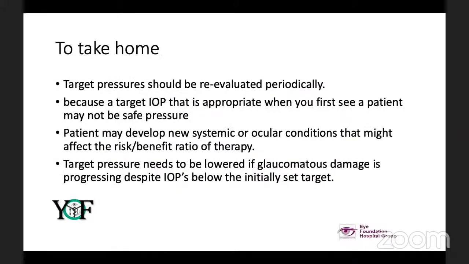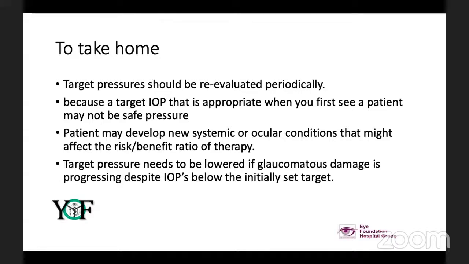So to take home, we need to know that target pressures should be reevaluated periodically, because a target intraocular pressure that is appropriate when you first see a patient may not be a safe pressure. Patients may develop new systemic or ocular conditions that may affect the risk or benefit ratio of therapy.